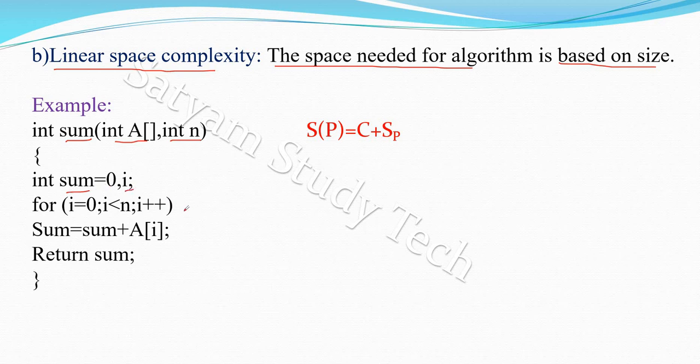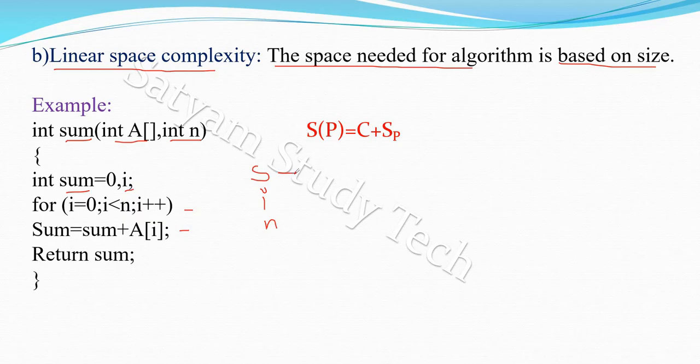Here there is a looping statement: sum equals sum plus a[i], and then return sum. So it sums the numbers from the array. How many variables are there? There is the sum variable, the i variable, and also the n variable.